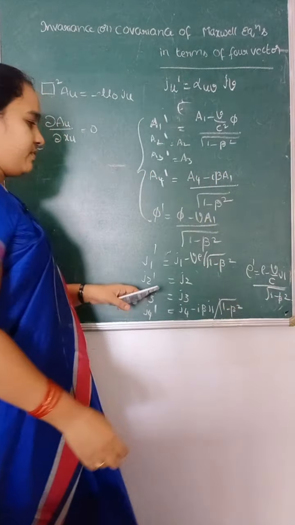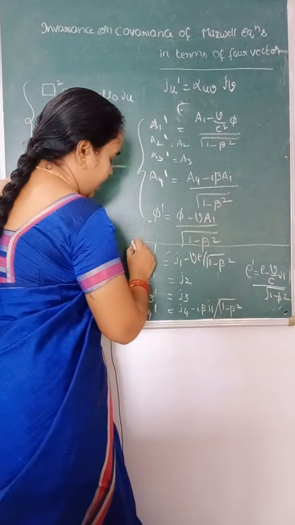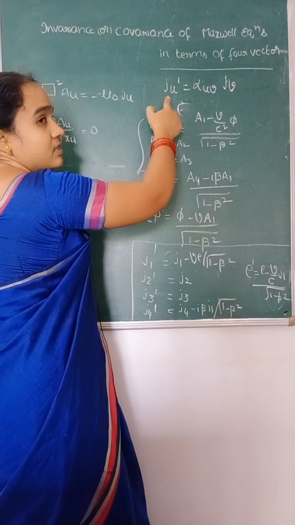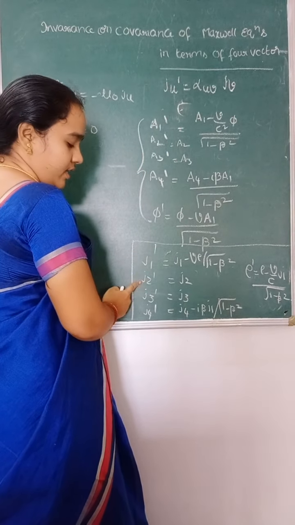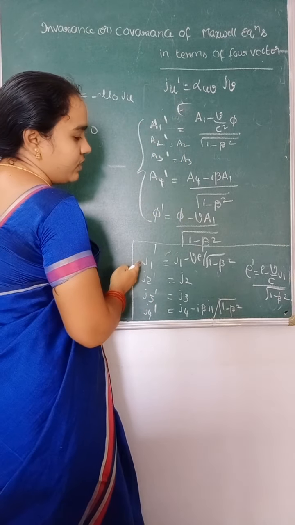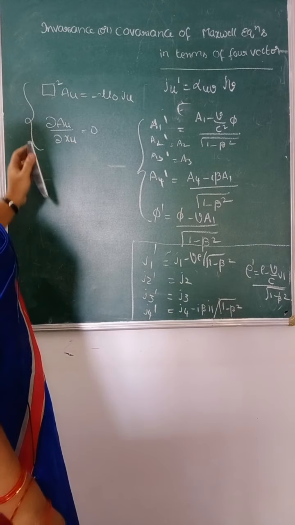It's not a tough one. So find out the values of J1 dash, J2 dash, J3 dash and J4 dash, this is the work I am giving to you. From this condition you will get the same things. So remember these 8 equations.